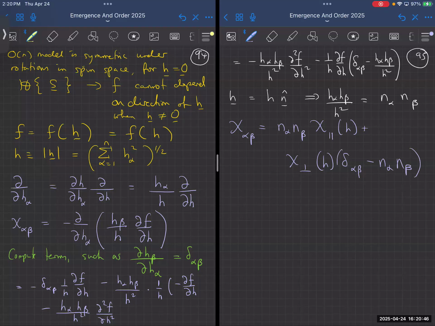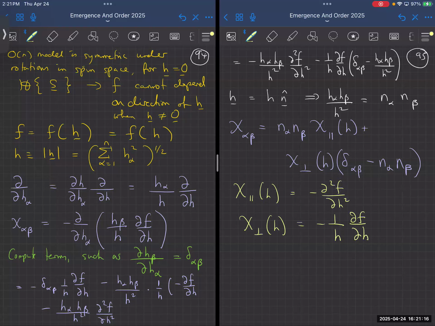So it has this particular tensor structure, and we can read off from the calculations that we just did that the parallel component, chi parallel of h, is just minus d2f by dh squared, and the perpendicular component of this tensor, chi perpendicular, is minus 1 over h df by dh.